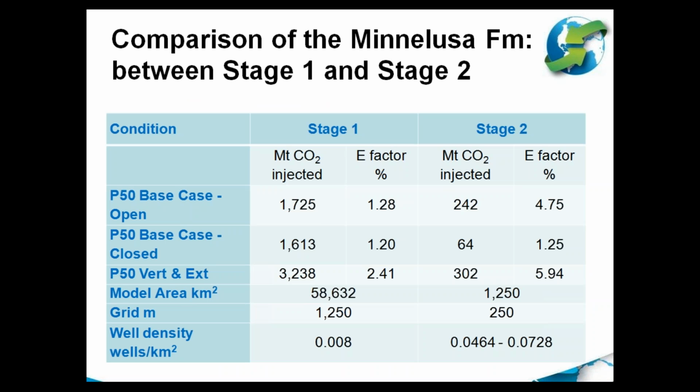So I included this. It's not really meant to be something to show an exact comparison. It's merely to show what effects assumptions can have, and the effects of modeling when you try to compare a large area in stage 1. This is for the same formation, by the way, as compared with stage 2, which is over a much smaller area.